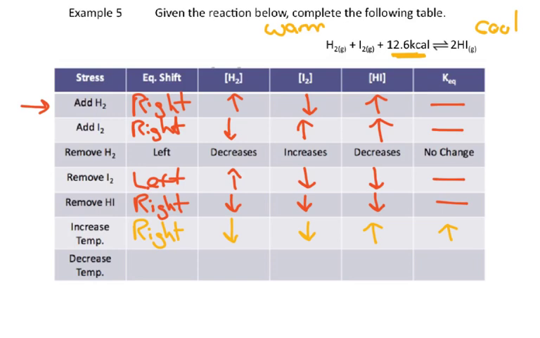A decrease in temperature will have the exact opposite effect. We decrease the temperature, the system will want to warm up, it will want to shift to the exothermic side, it wants to shift to the warm side. There are a lot of different ways that I can say this. We will shift left no matter what.